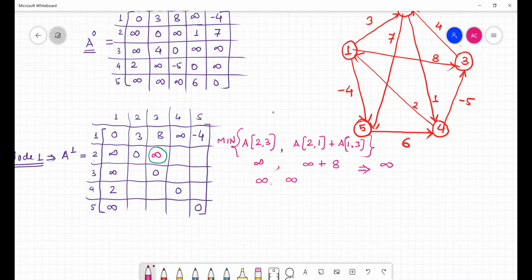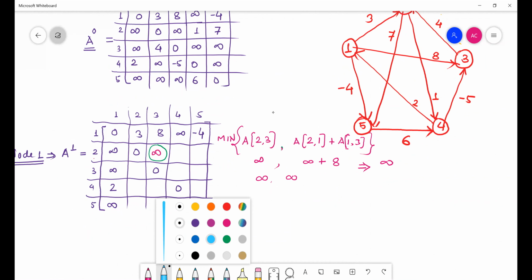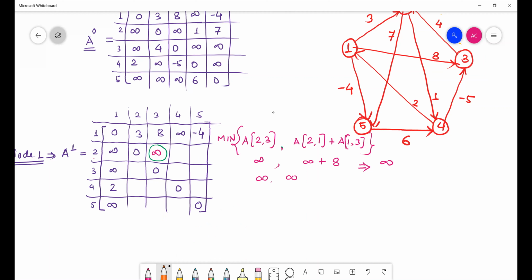So if this thing has to get generalized, can I write it in this way? If we are doing for node 1, then there should not be any other node in between. If it is for node 1, then the entire matrix will be calculated via 1 only.